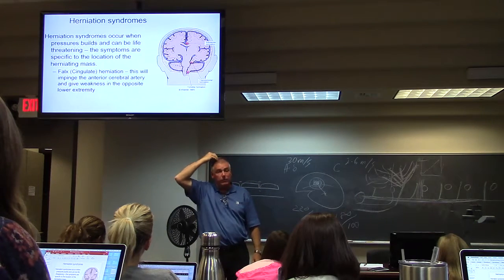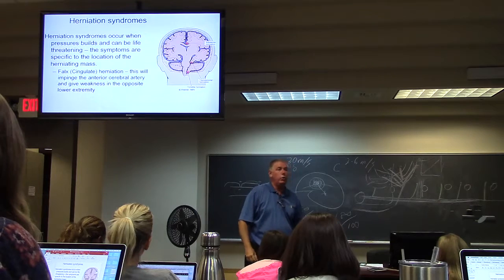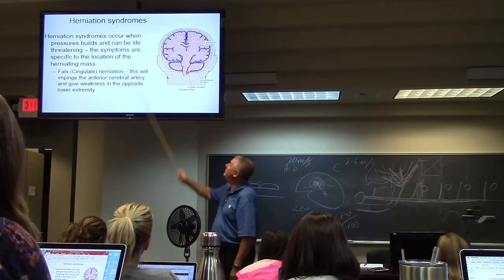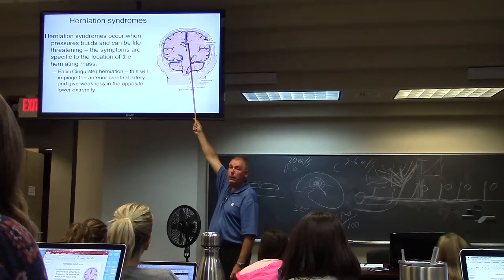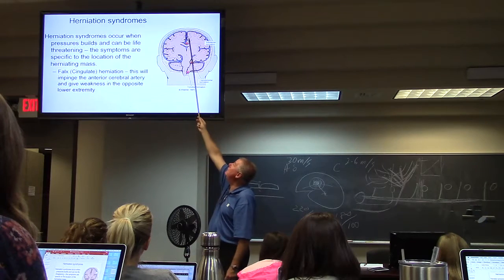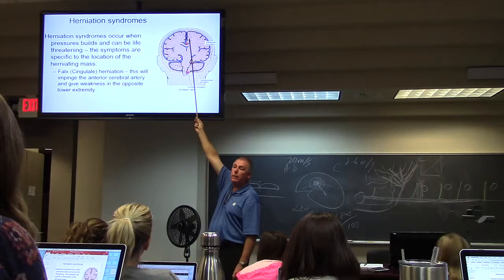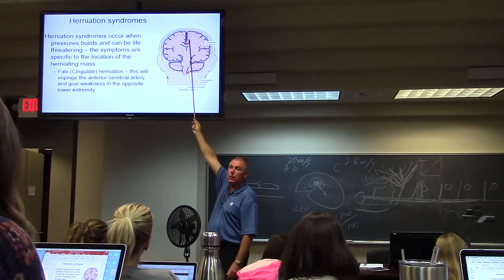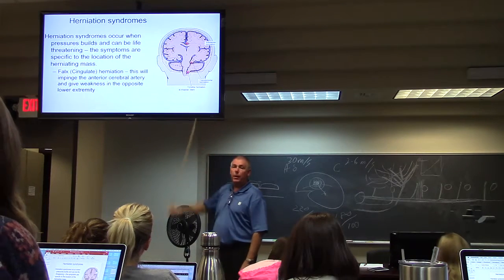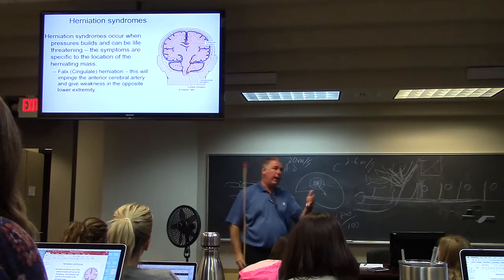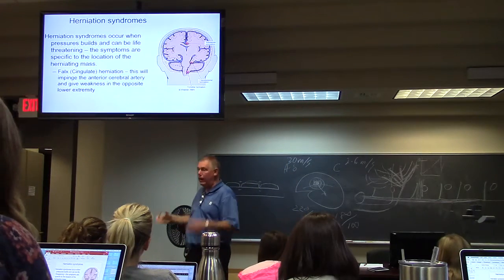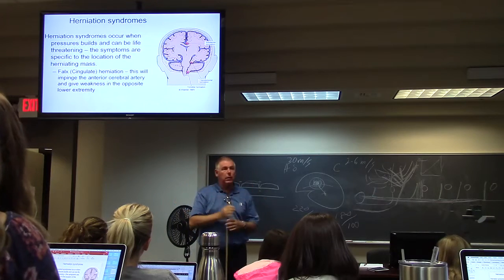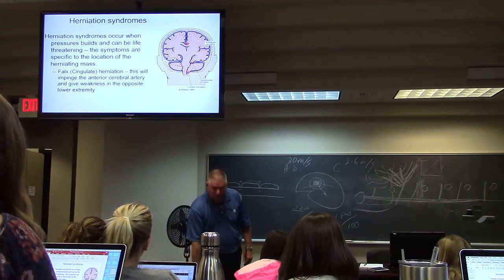So if you have a herniation, you can compress that anterior cerebral artery, which supplies the medial part of the brain, or the cortex. We're going to talk about this later on, but I can tell you right now that the medial part of the cortex, right here, right in the middle, controls from your knees down.